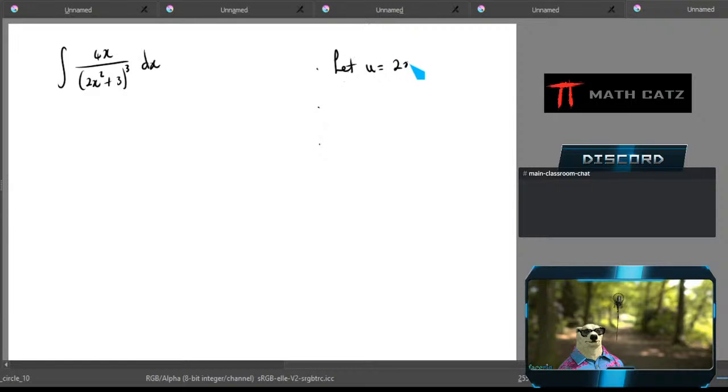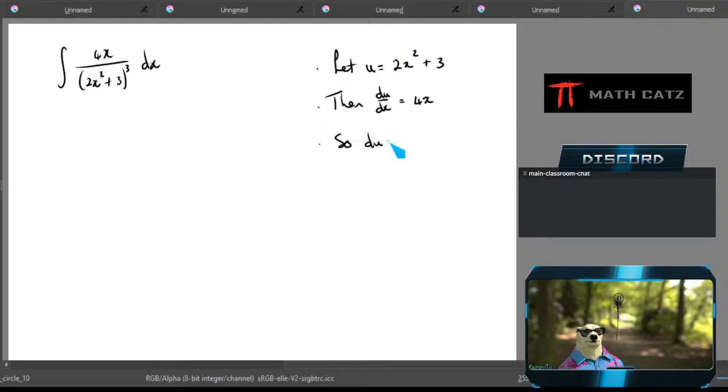In this case, it's obviously u = 2x squared plus 3, because nothing else is going to allow me to get rid of all the x's. Once I have that, I take the derivative to see, oh, I need a 4x. Aha, look at that, 4x.